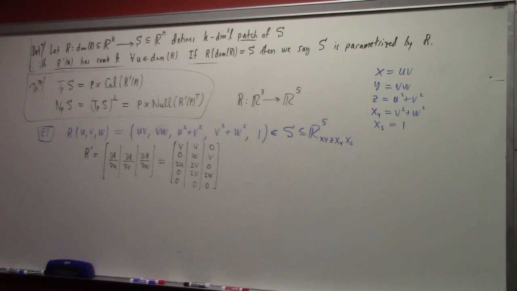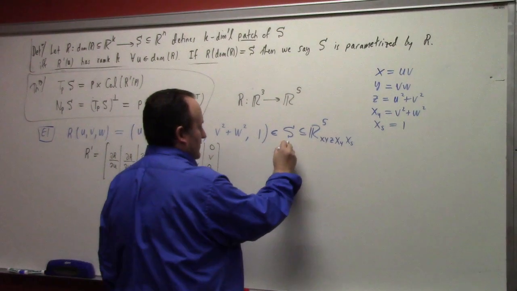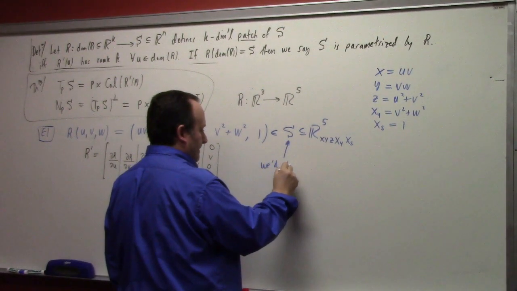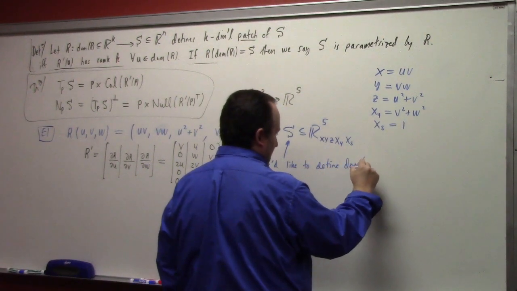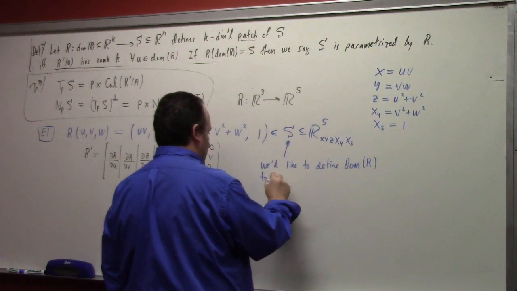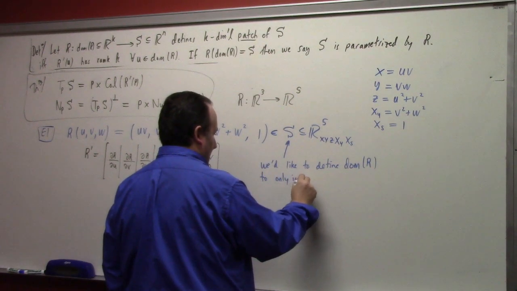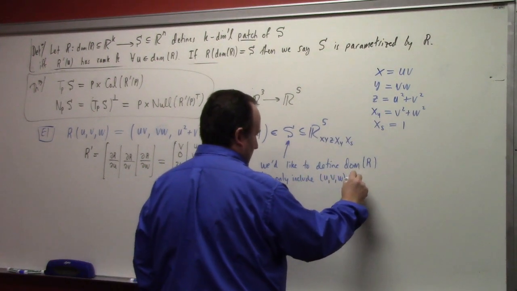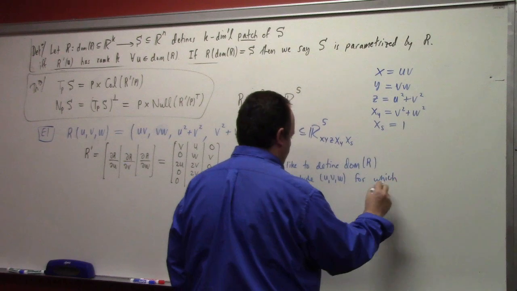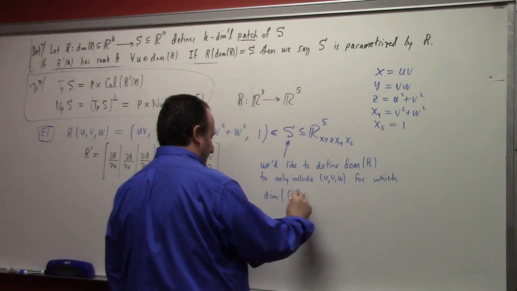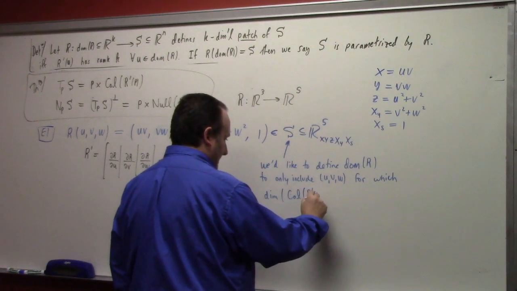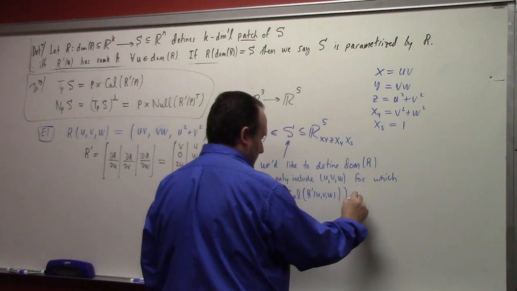And in order for us to be, all right, so technically speaking, we'd like to define the domain of R to only include UVW for which the dimension of the column space of R prime of UVW is equal to 3.